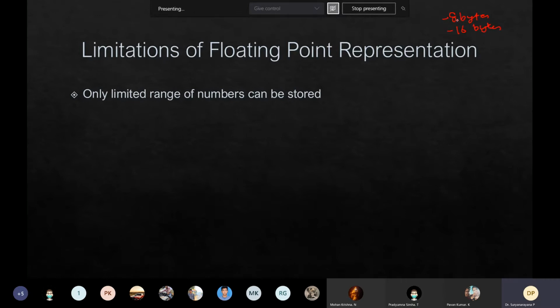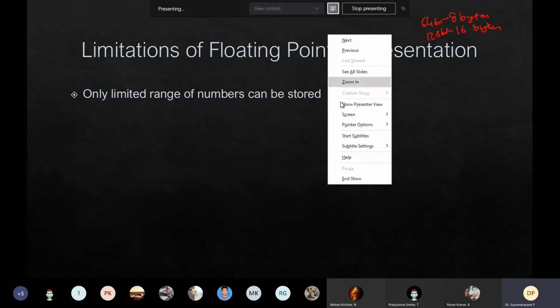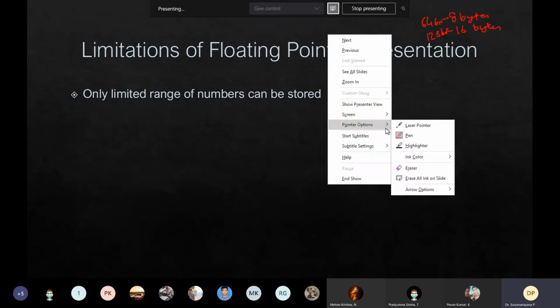Okay, 8 bytes, each byte is 8 bits, so this is 64 bits, or this is 128 bits. So a lot of bits are used to store floating point numbers. So the limitations are not very severe, but there is a limitation.